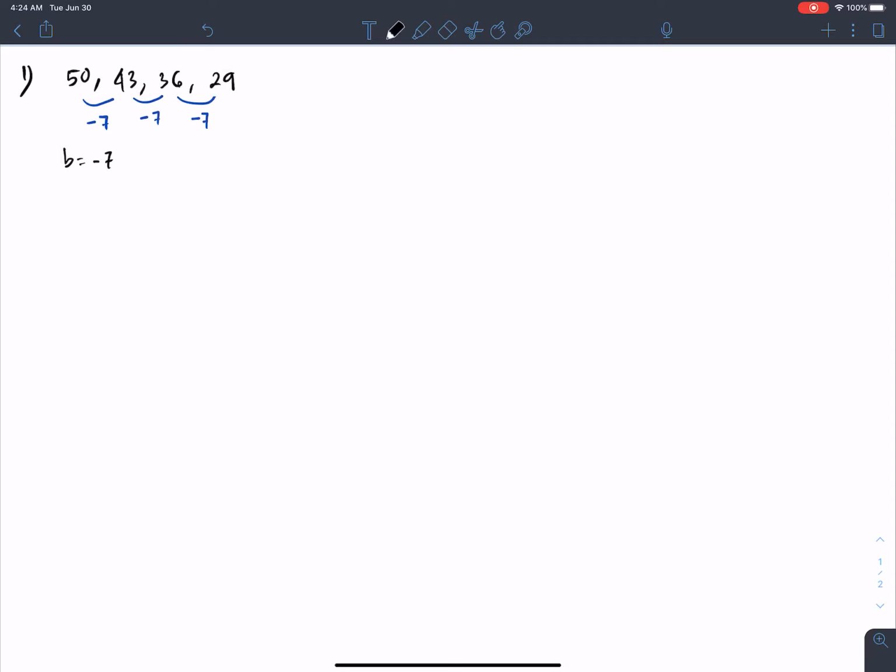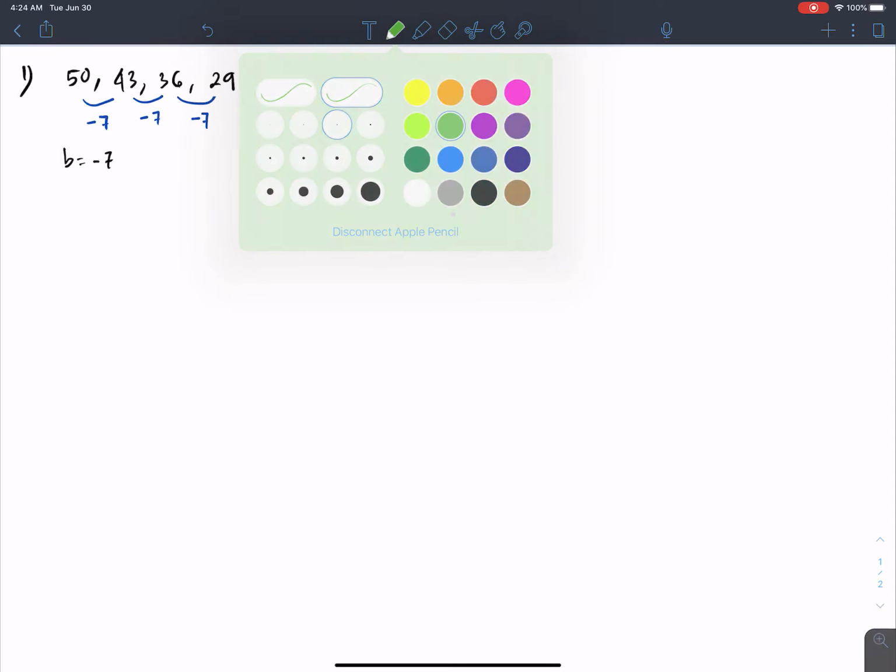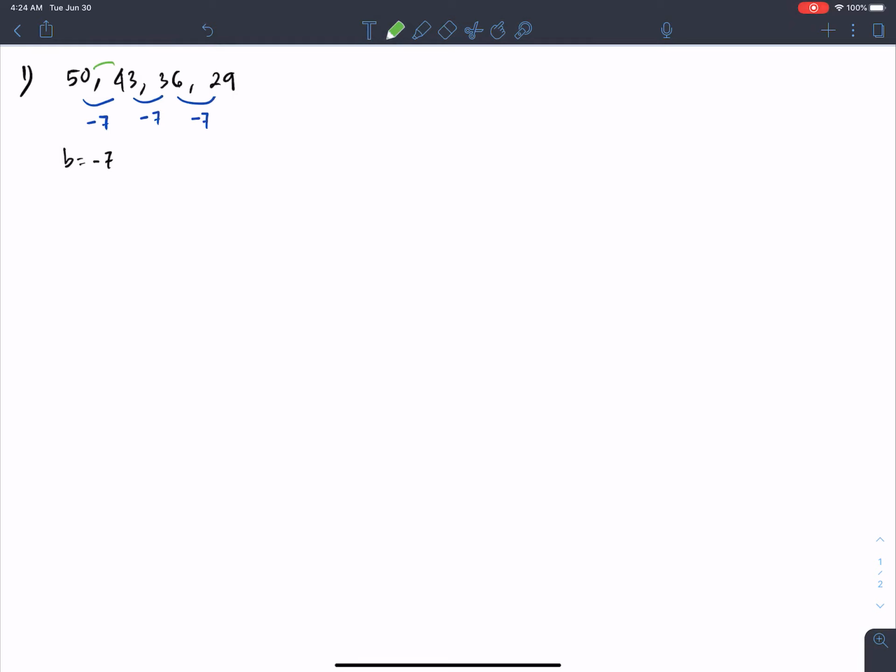If we would like to check the ratio, from 50 to 43, 43 to 36, and 36 to 29, we get 43 divided by 50, 36 divided by 43, and 29 divided by 36.